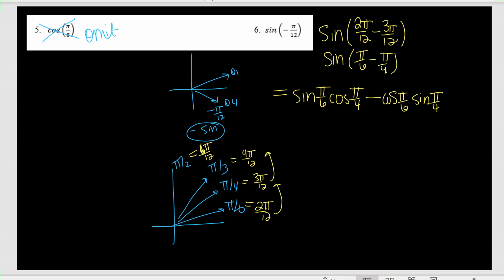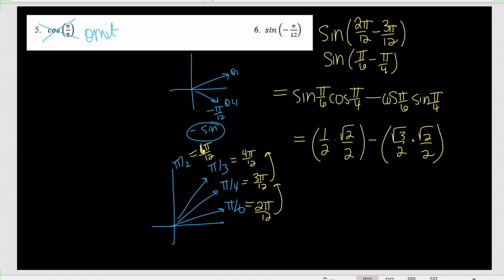So sine of pi over 6 multiplied by cosine of pi over 4 minus cosine of pi over 6 sine of pi over 4. Alrighty, sine of pi over 6. The y value at pi over 6 is 1/2. Cosine of pi over 4 is the square root of 2 over 2. Minus cosine of pi over 6 is the square root of 3 over 2. Yep. And sine of pi over 4 is the square root of 2 over 2.